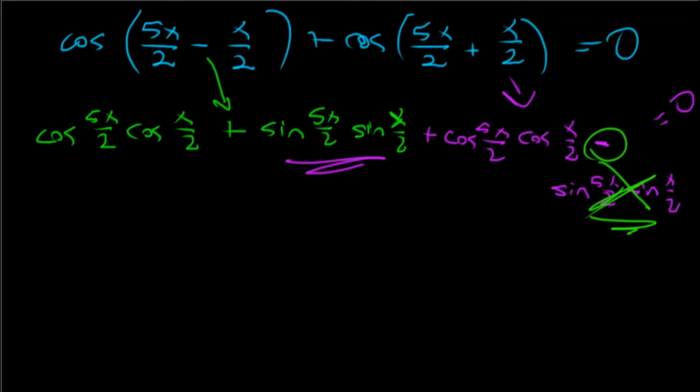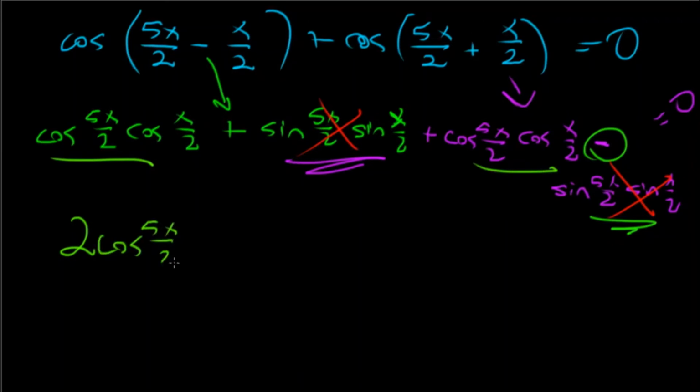All right, we just made our lives very easy. We have two cosine 5x over 2, cosine x over 2, and that's all equal to 0.